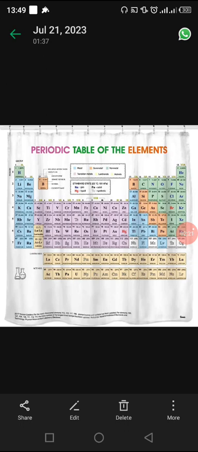Group 3 elements bond with group 5 elements, also forming binary compounds. Now, what about ternary compounds?